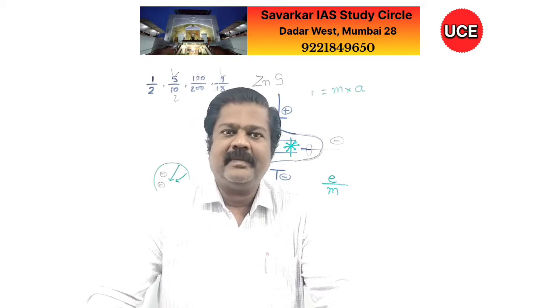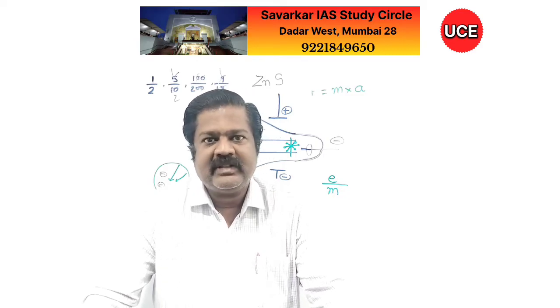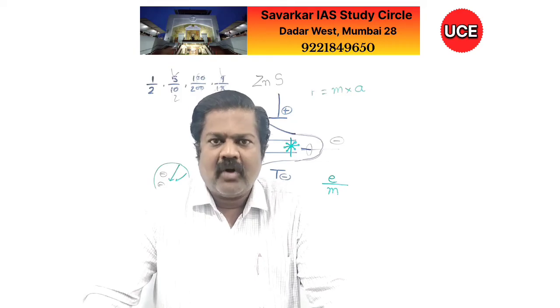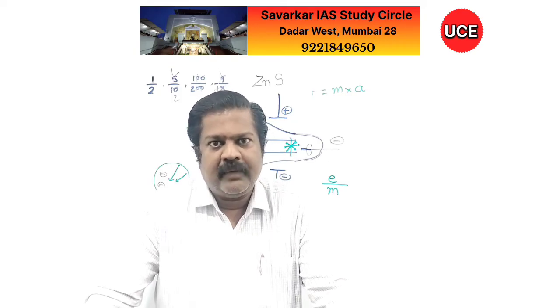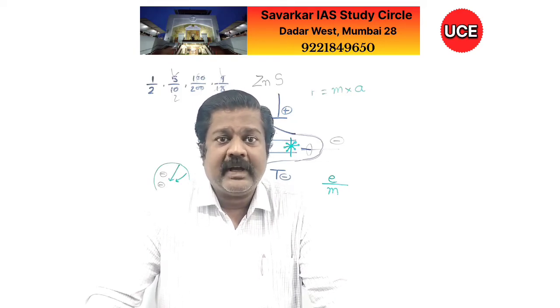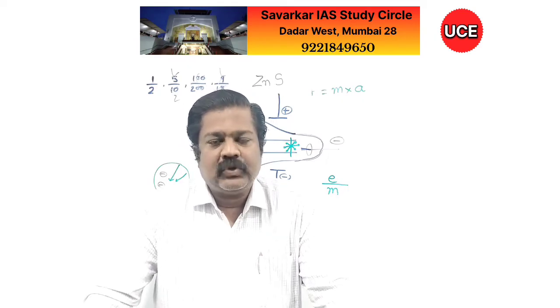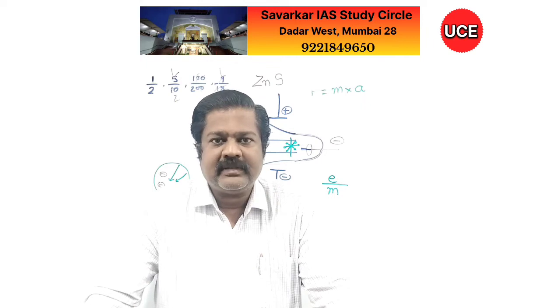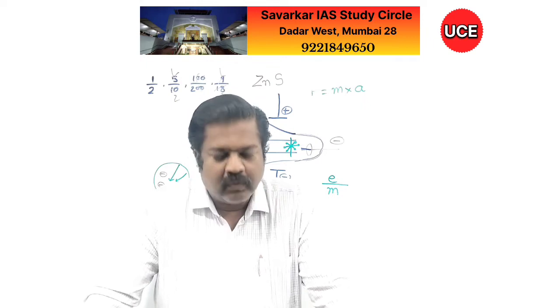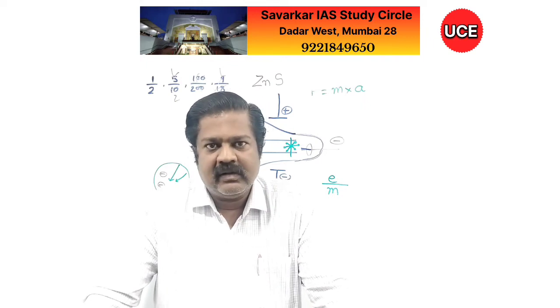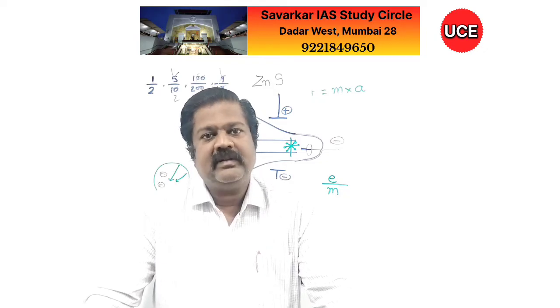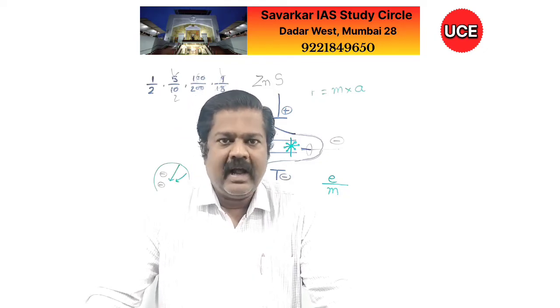It is not able to explain a variety of things like spectra. Then how positive and negative charges are together with each other is not explained. Various things are not explained by this model, and therefore this model is discarded. But this is the first model of an atom.